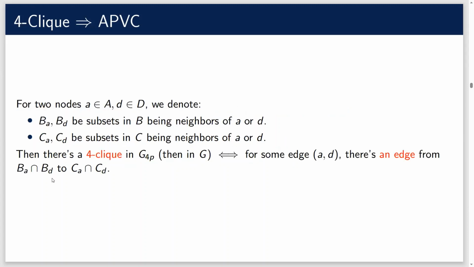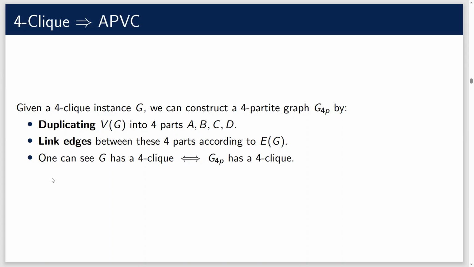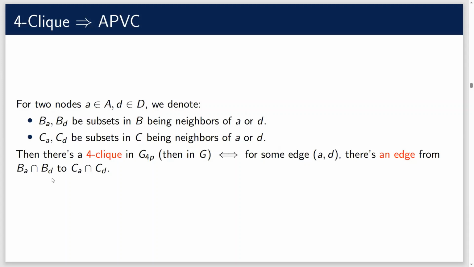So first, we consider the graph G4P with four sets A, B, C, and D. Now, we consider two nodes a in A and d in D. Maybe there's an edge between a and d. And we denote B_a and B_d, the subsets in B being neighbors of a or d, that is, N_G(a) cap B or N_G(d) cap B. Also C_a and C_d are subsets in C being neighbors of a or d.